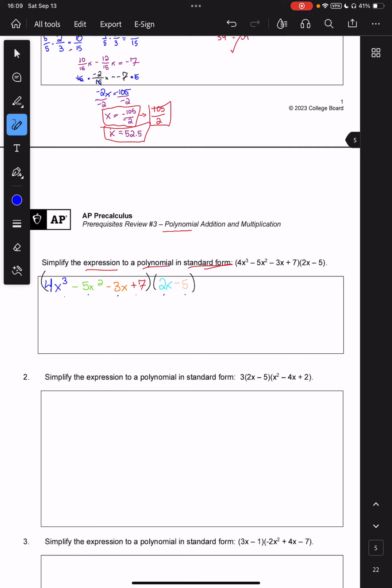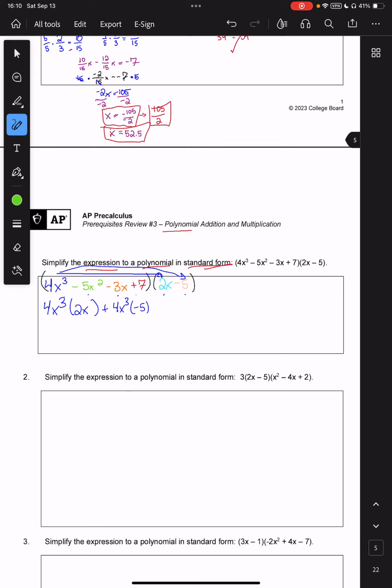But all we have to do is take this term and multiply it by the first term, our 2x, and then also by our other term, negative 5. So we have 4x cubed times 2x, plus 4x cubed times our second term, negative 5.